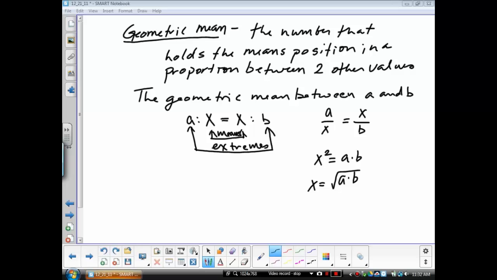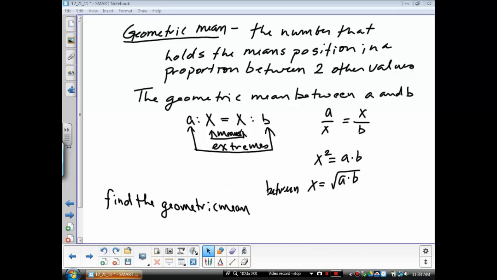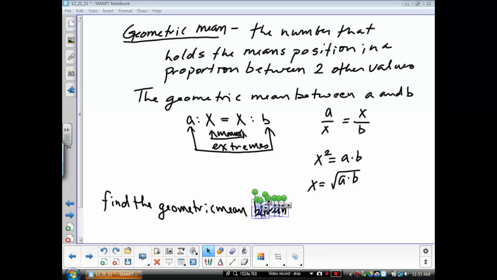Now, here is an example problem with the geometric mean. They might say, find the geometric mean between, we'll say, 3 and 9. I need to move this down. It's running out of room.